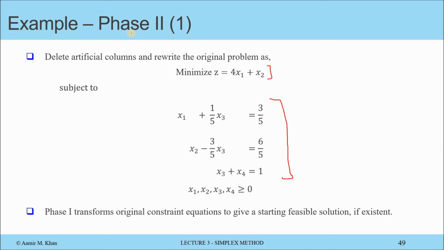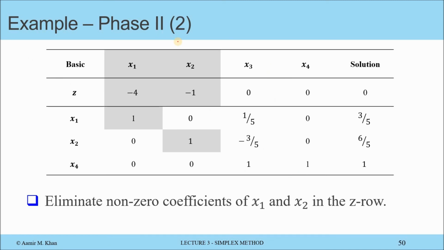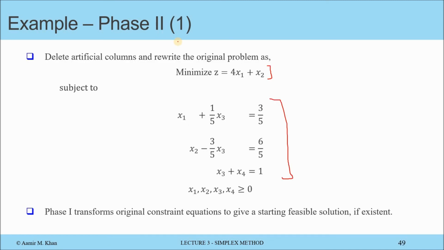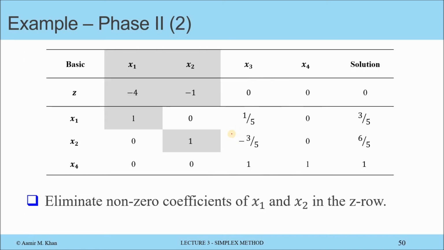So this was phase 1. In phase 2, we proceed normally. You take these columns over here: this is your Z row, then the first, second and third constraints. We take them and make this simplex tableau.